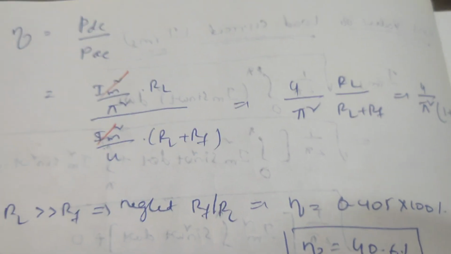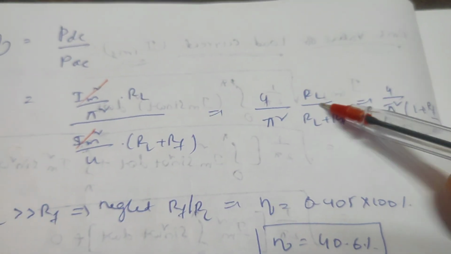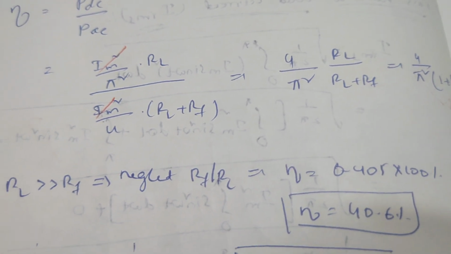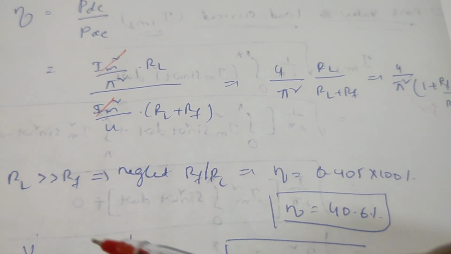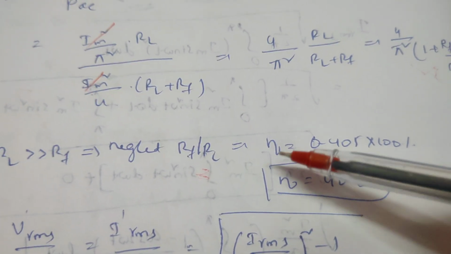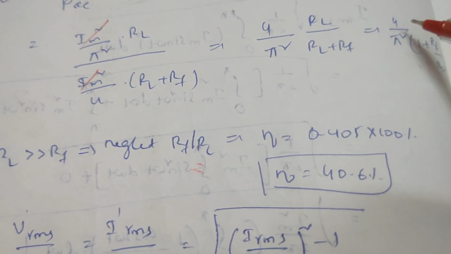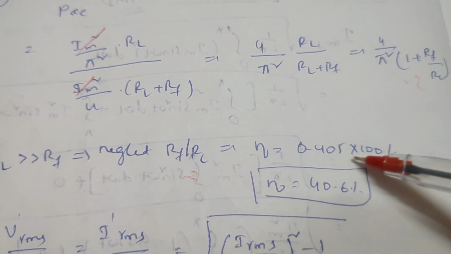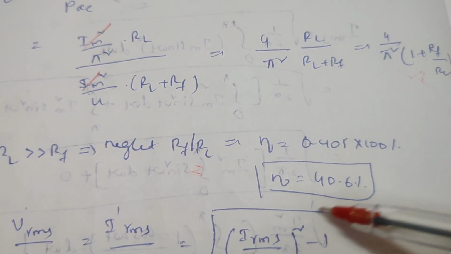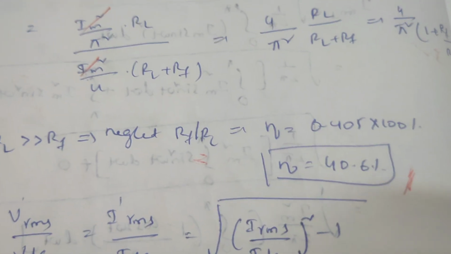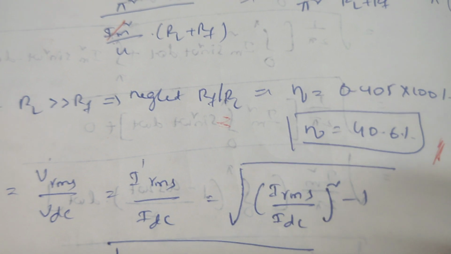Here I am making RL common, so we get 4 by pi square into 1 plus RF by RL. If RL is much greater than RF, neglect the RF by RL term. Therefore eta is 4 by pi square, which is equal to 0.405. In terms of percentage, eta is equal to 40.6. The efficiency of a half wave rectifier is 40.6 percent.